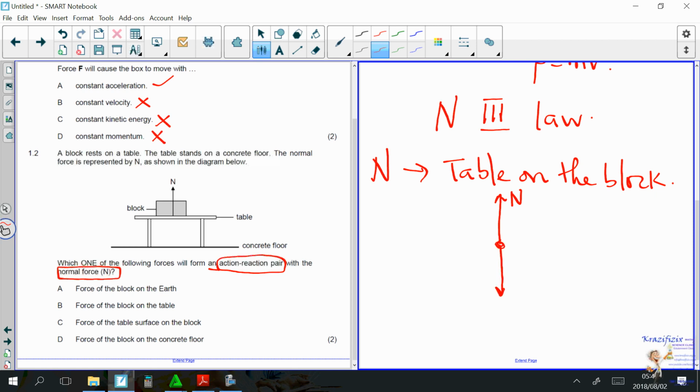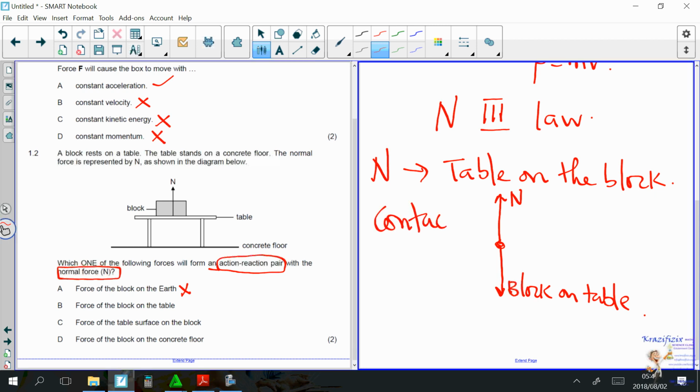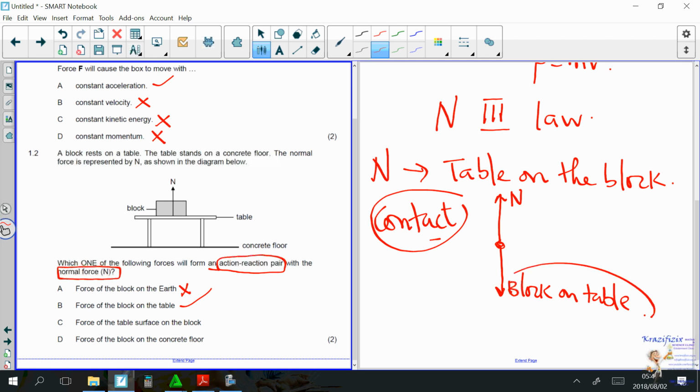So we're talking about block on table. Let's go check our options. Force of block on the earth, no. Now again, the two forces must be in contact, except for your electrostatics. But in this case, we talk about contact force. Force of block on the table. We get our answer.